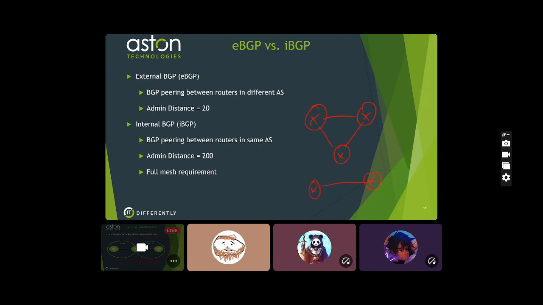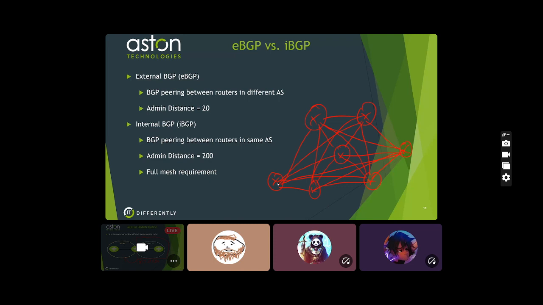But when you start getting into 5 routers, you add another one over here, now it has to connect. And then another one over here. That becomes a mess real quick. One, it looks like spaghetti.